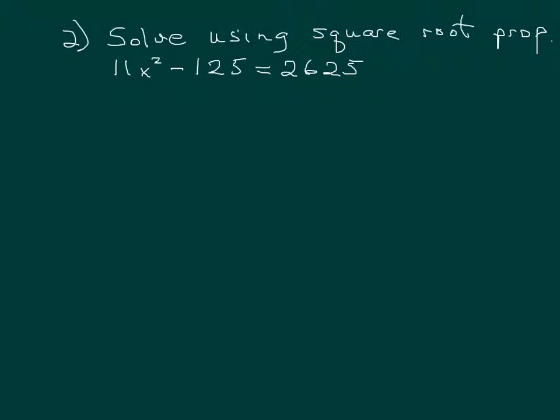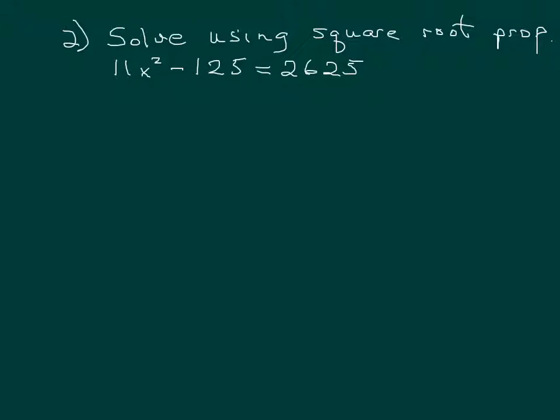In number 2, you're to solve using the square root property. In the square root property, you need a term with x in it on the left, for instance, x squared on the left, and a term of numbers on the right. So all of your x terms need to be on your left, and all of your regular terms need to be on your right.